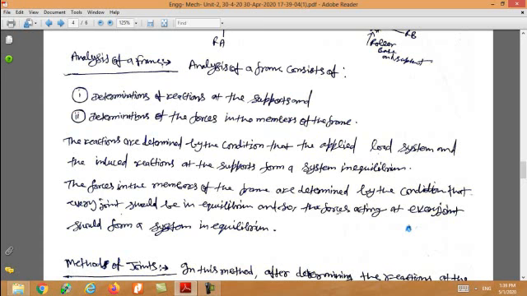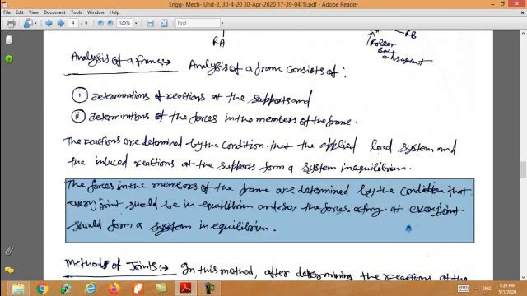The reactions are determined by the condition that the applied load system and the induced reactions at the supports form a system in equilibrium. The forces in the members of the frame are determined by the condition that every joint should be in equilibrium, and so the forces acting at every joint should form a system in equilibrium.